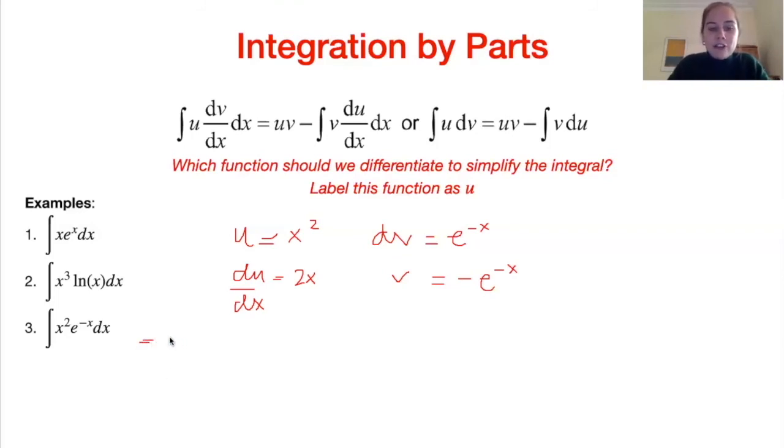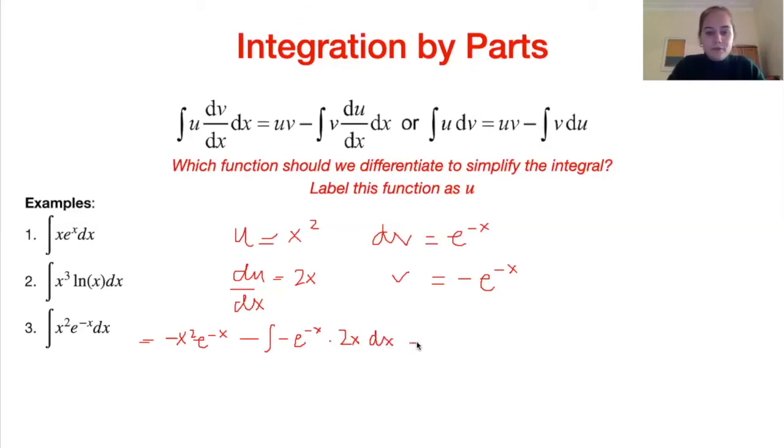Our integral is equal to u times v, which is x squared times minus e to the minus x, minus the integral of v times du by dx, so negative of e to the minus x times 2x dx.